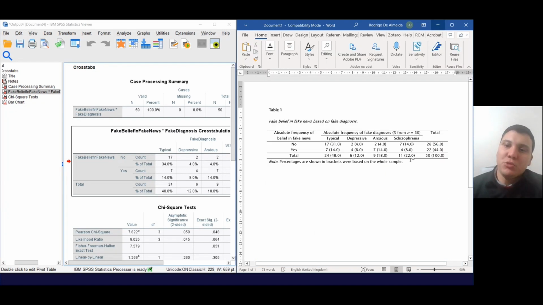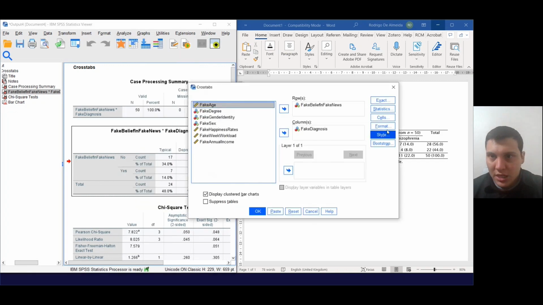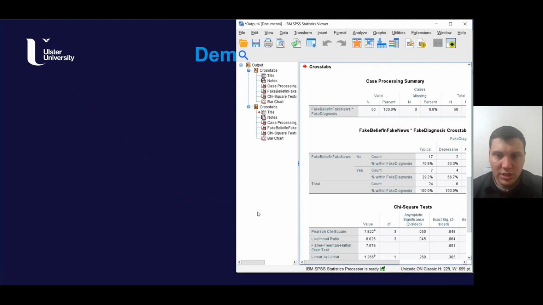Now, these percentages were based on the total sample of 50 people. But I said before that there are other ways to do that. Let's just see that so you don't feel confused. Let's go to Analyze and crosstabs again, but here in cells, we are gonna choose columns, okay? And see how that's going to look.